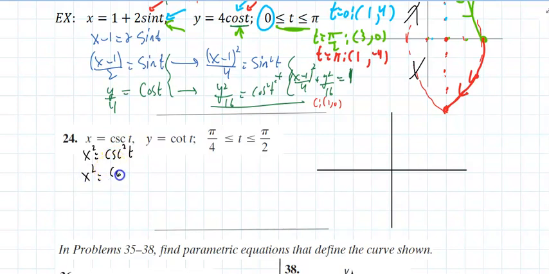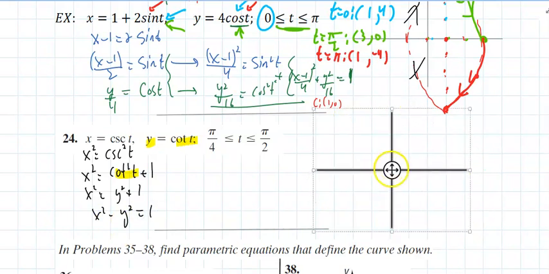That is cotangent squared of t plus 1. And isn't my cotangent y, so I could use substitution here if I want. Wouldn't that mean x squared equal y squared plus 1? Or x squared minus y squared equal a 1? Isn't that a hyperbola?